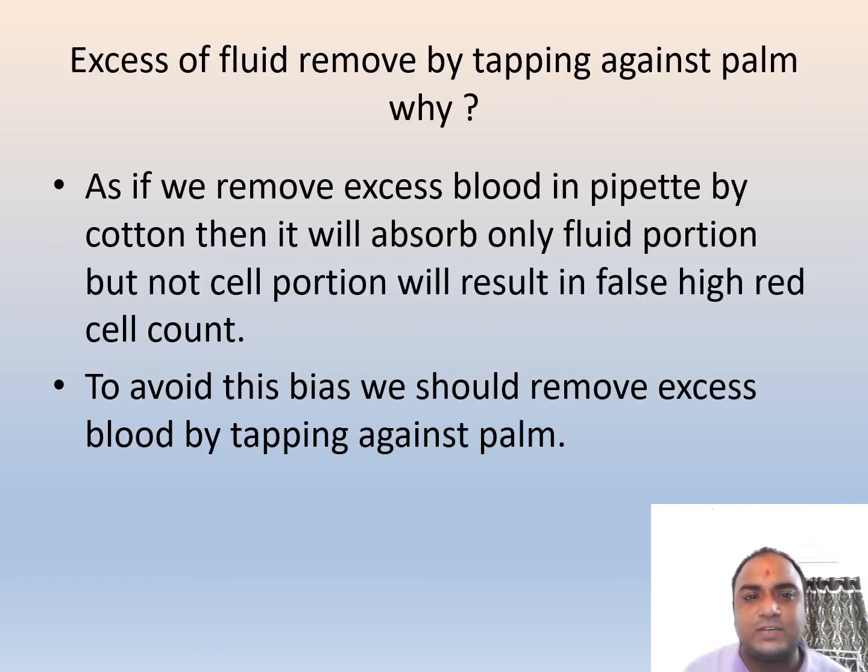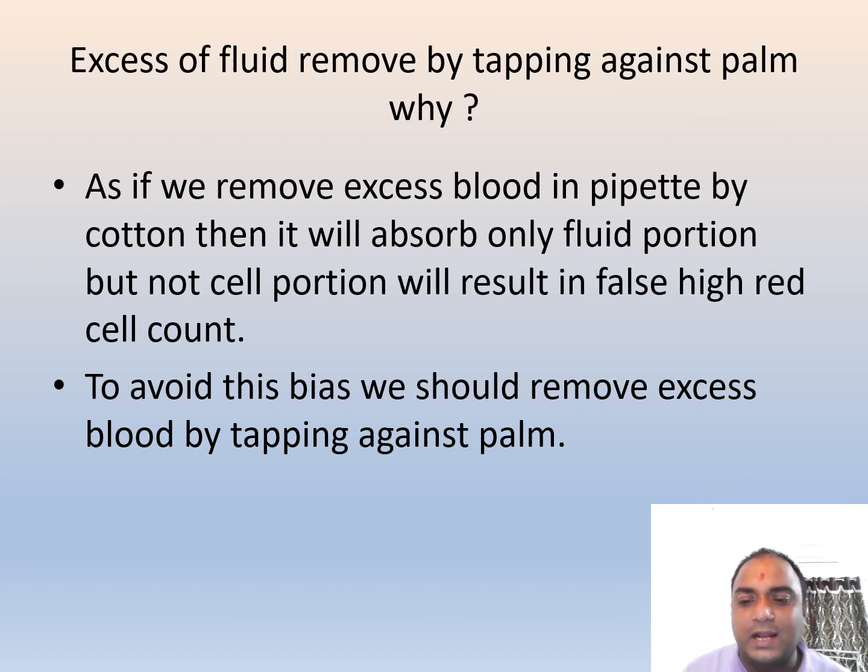Next question: why is excess fluid removed by tapping against the palm? If we want to remove the excess blood that we have sucked into the pipette, and we remove it with the help of cotton by touching the cotton to the tip of the pipette, it only absorbs the fluid part, not the cell part.